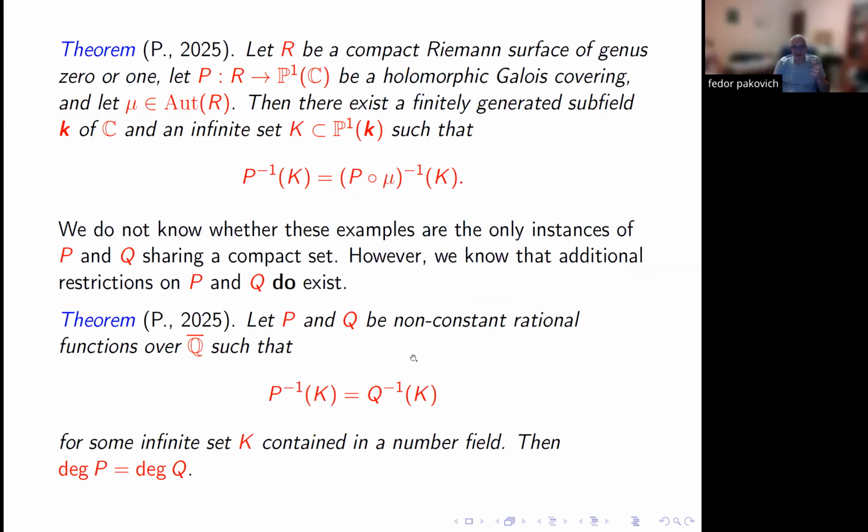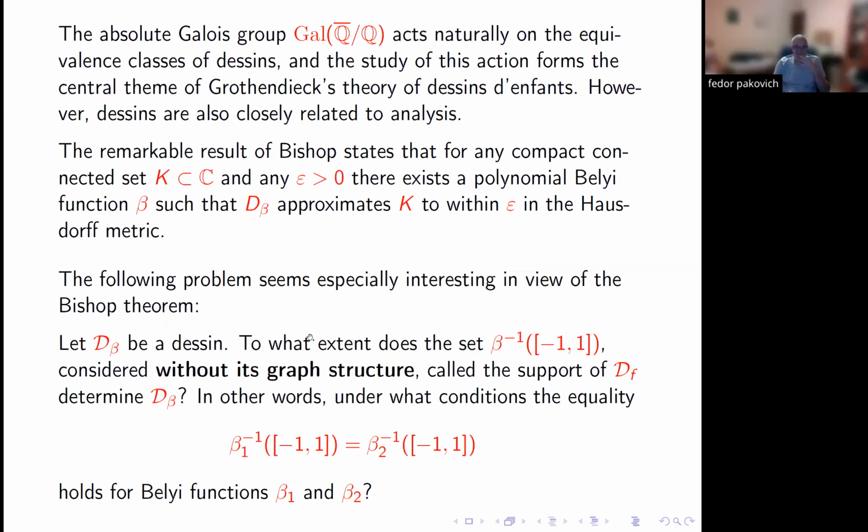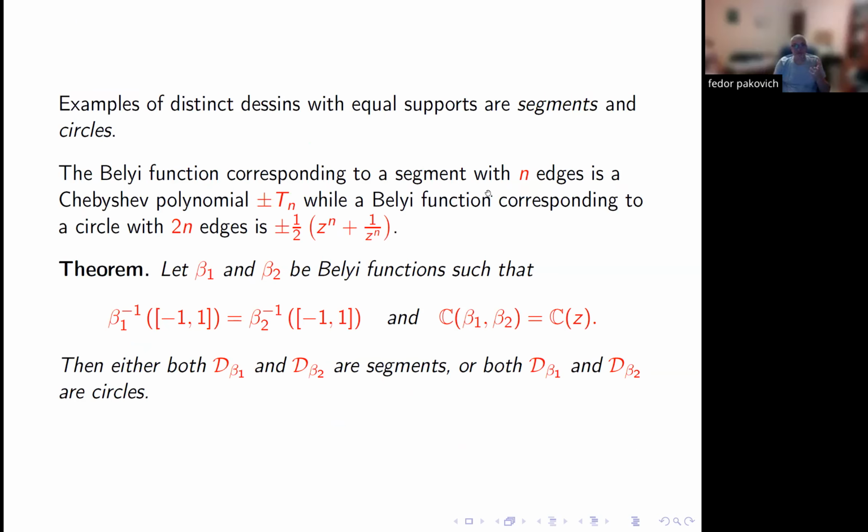But still, we still have a very special compact set. So the Belyi function corresponding to a segment is the Chebyshev polynomial, and the Belyi function corresponding to a circle is this function, because z to the power n is not a Belyi function for this, but z to the power n is a Belyi function for a star.